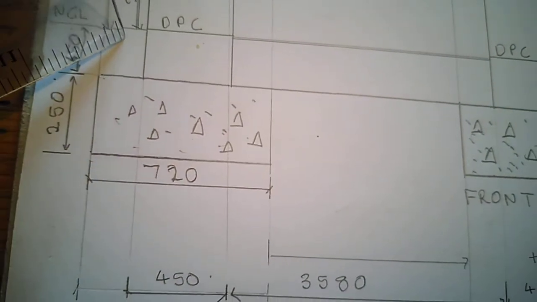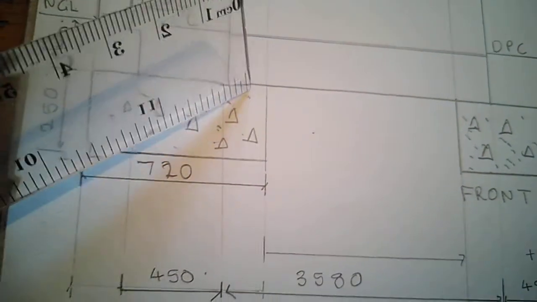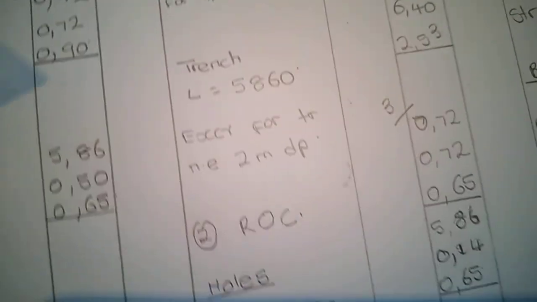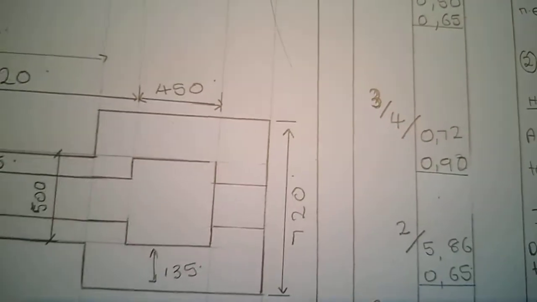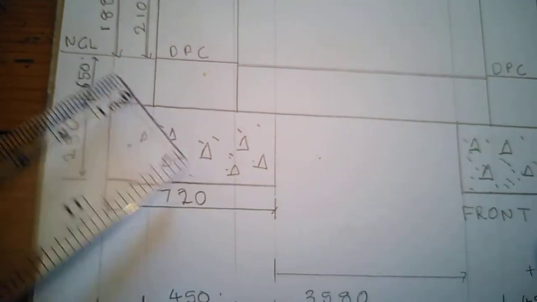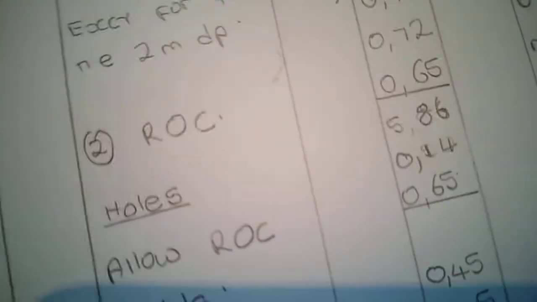So now we can only backfill this portion. So that is why we are going to say 0.72 by 0.72, also by 0.65, because we need to backfill there. That's the only space that we need to backfill for the hole.